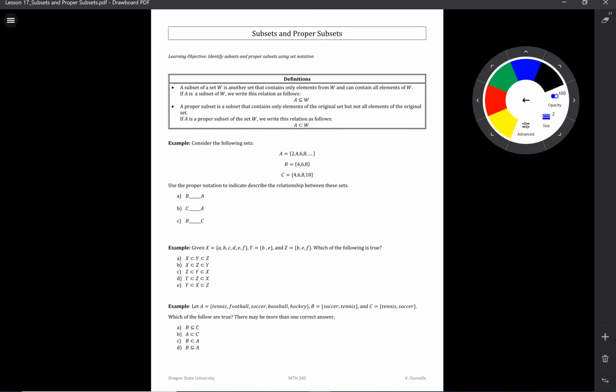So let's do some examples. In our first example, we have A is 2, 4, 6, 8, and then we have this little ellipsis. So this looks like all positive even numbers.